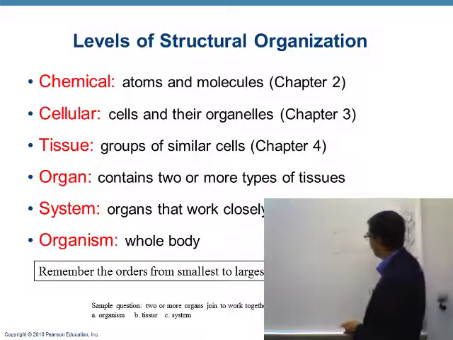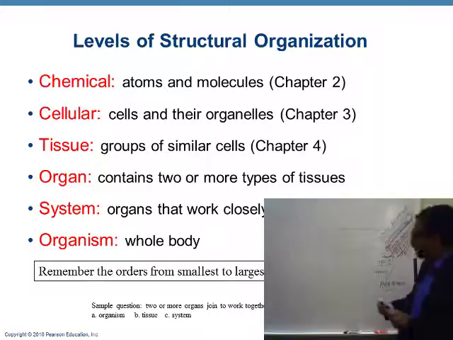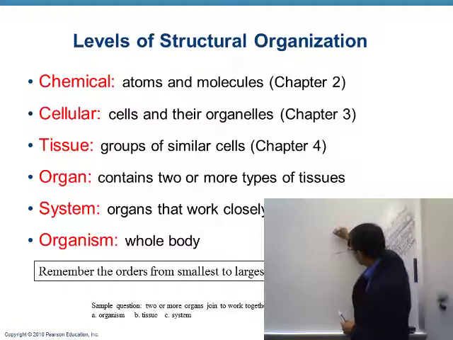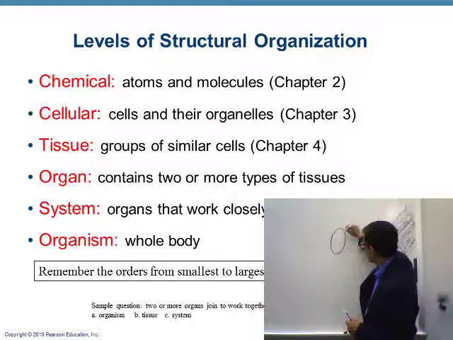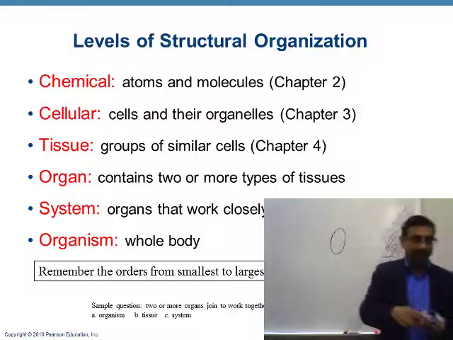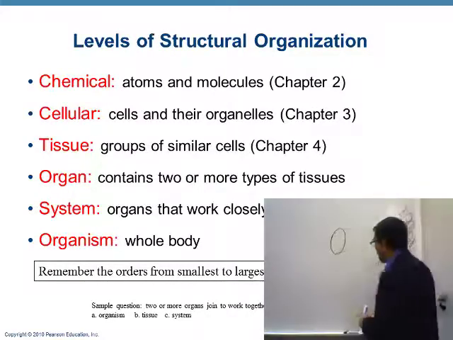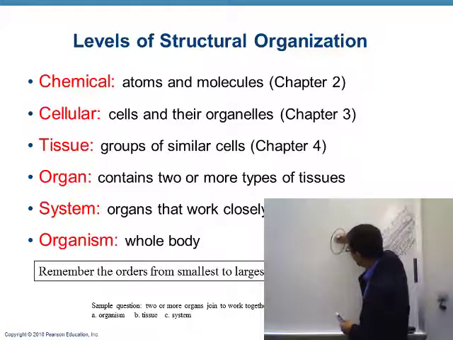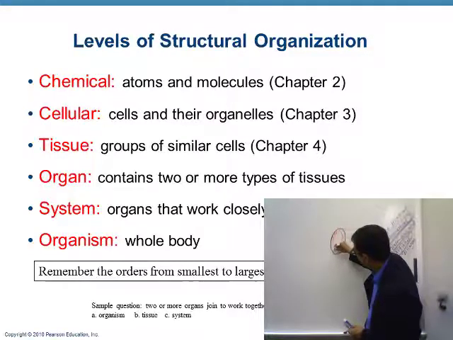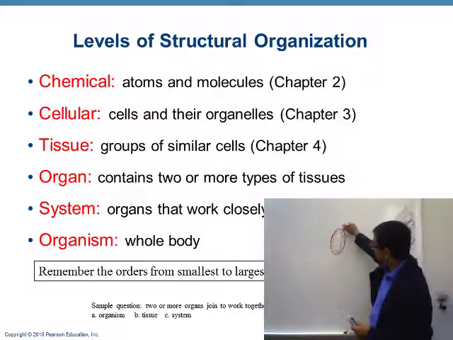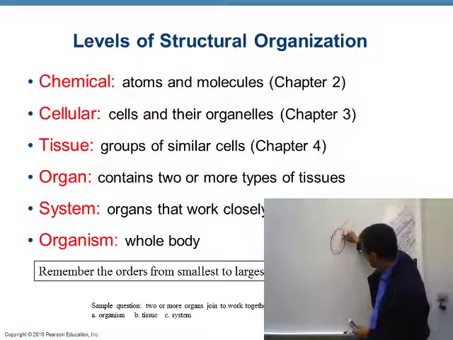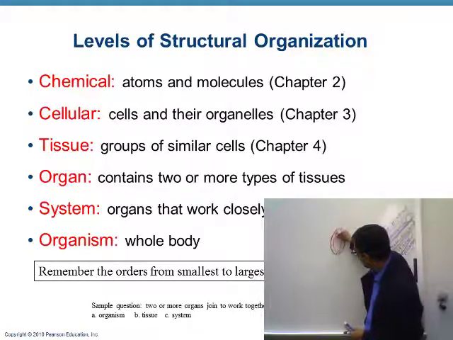okay, so this is the blood vessel, and in the wall of the blood vessel you see three layers. Outermost covering is the connective tissue, then the middle layer is a thick layer, that is the smooth muscle, so muscle tissue, this is the muscle tissue that forms the thick layer. So outer connective tissue is the covering, middle muscle tissue, then innermost very thin lining is the epithelial tissue.